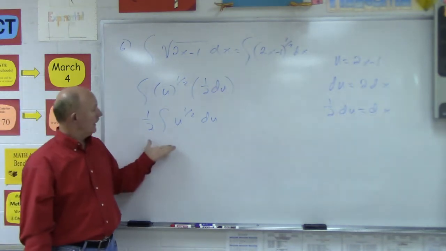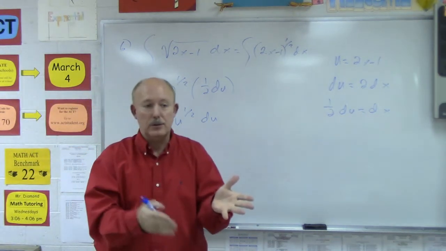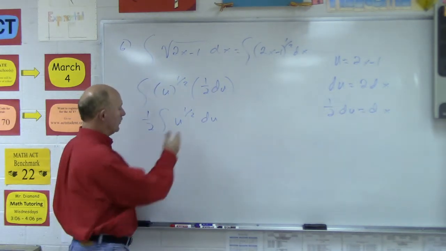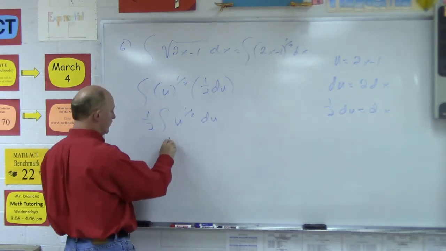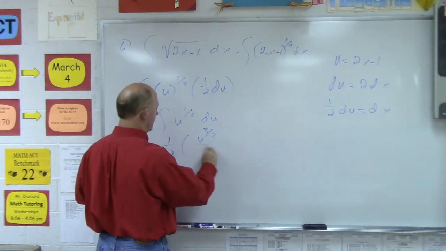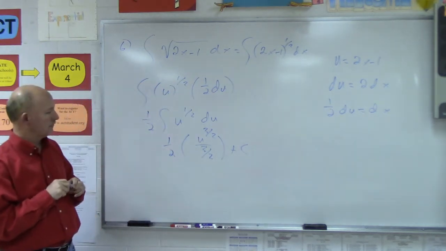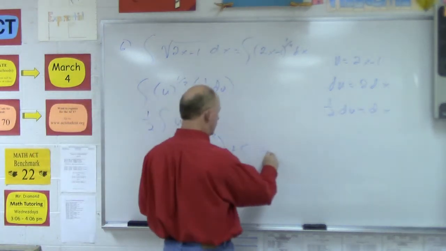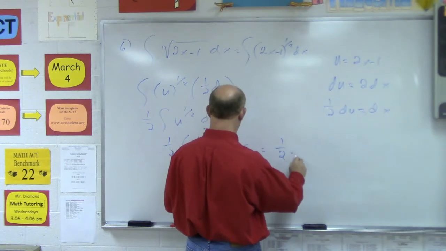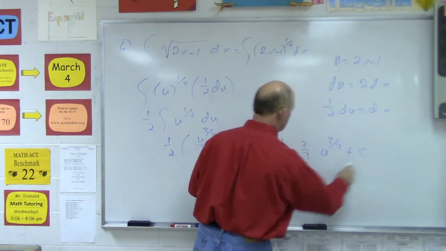Now, u to the 1/2 power is just a simple application of the power rule. Add 1 to your exponent and divide by the exponent plus 1. So this becomes 1/2 times u to the 3/2 power divided by 3/2 plus our constant of integration. As we simplify, this becomes 1/2 times 2/3 u to the 3/2 power plus c.